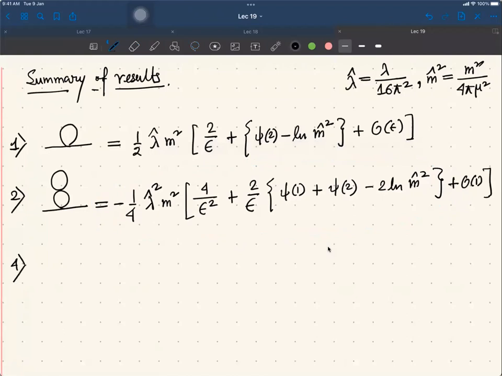Number 4 are the fish diagrams. There are 3 configurations: 1, 2, 3, 4; 1, 3, 2, 4; and so on.